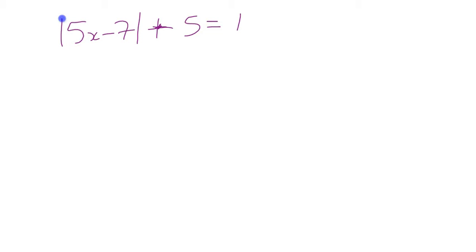What's the first step in solving an absolute value equation? Isolate the absolute value. So what do we end up with? Equals? Okay, anybody want to make a comment on that?